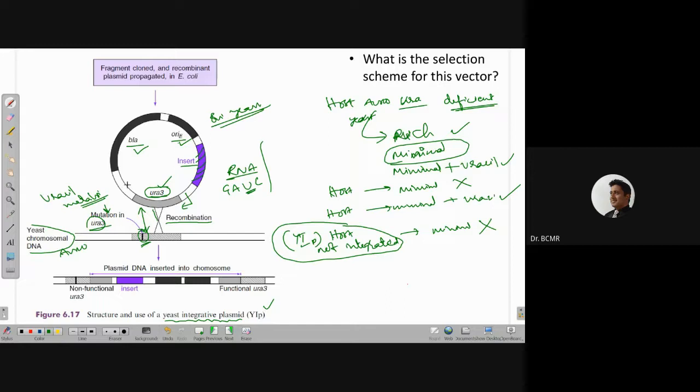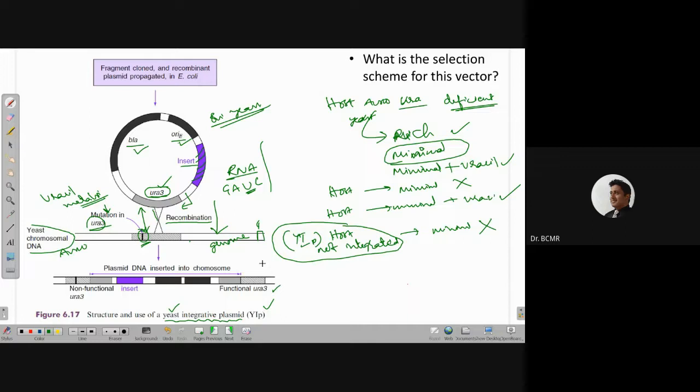So the yeast integrative plasmid is going to replicate only if it gets integrated into the host genome, because the genome has ARS, autonomously replicating sequences, and therefore it will replicate. If the vector that we are introducing recombines with the host genome, it will also get replicated along with the genome.